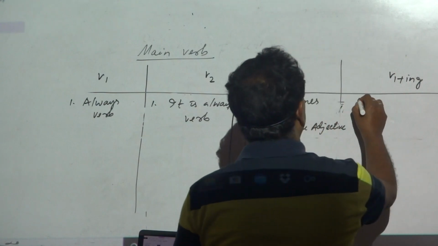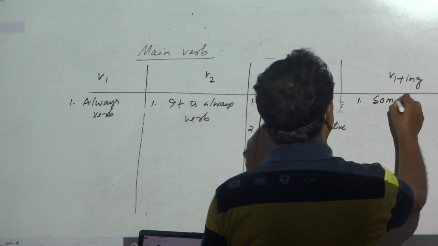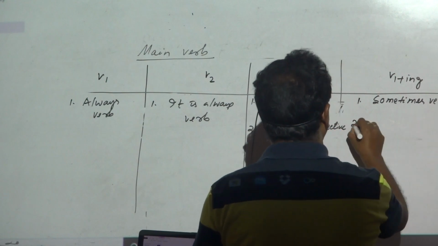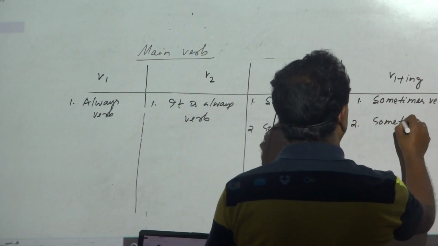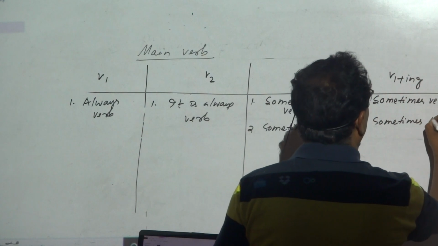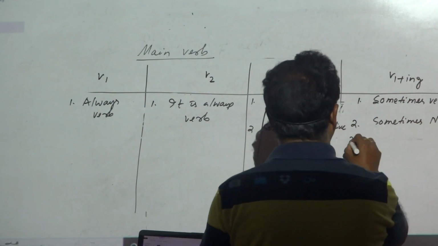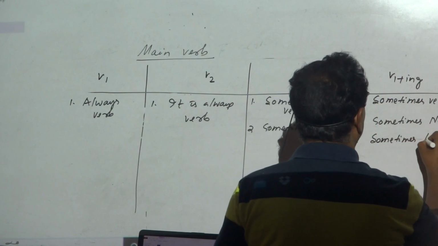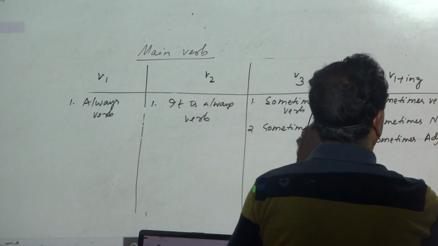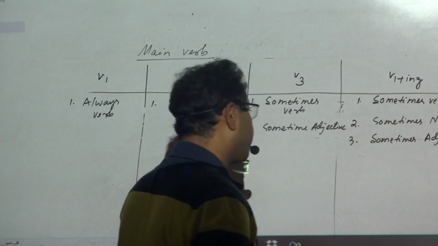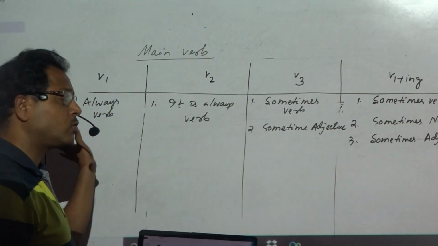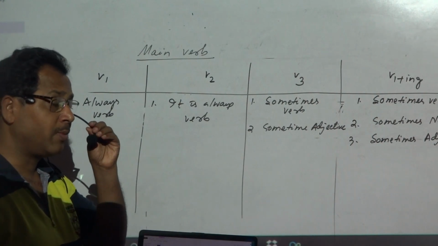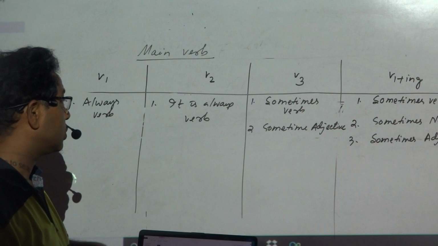Similarly, V1 ing is sometimes verb, sometimes noun, sometimes adjective. Okay. Four verb forms having seven applications.